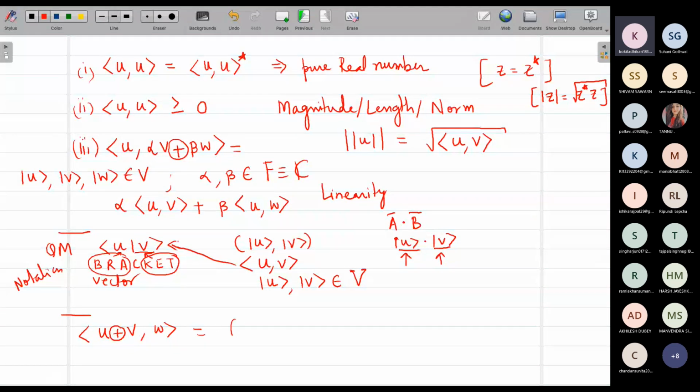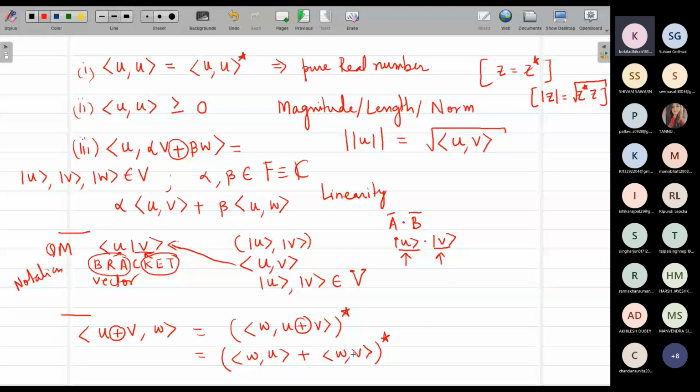So let's just use the first property. I can write down this as, this is my first property. Right. Now my third property tells me that I can expand this guy, w comma u plus w comma v, right? Now each of these guys, what are they? These are just complex numbers, scalars.